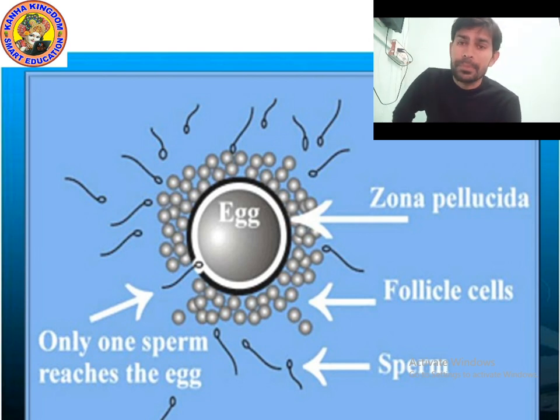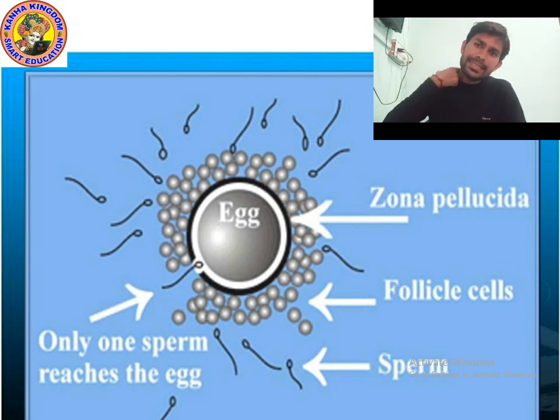When a sperm fuses with the egg, the head of the sperm reaches into the egg, and the tail of the sperm is left outside the ovum. Only the head of the sperm reaches into the ovum.